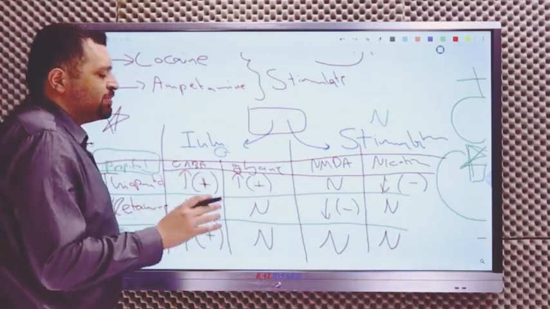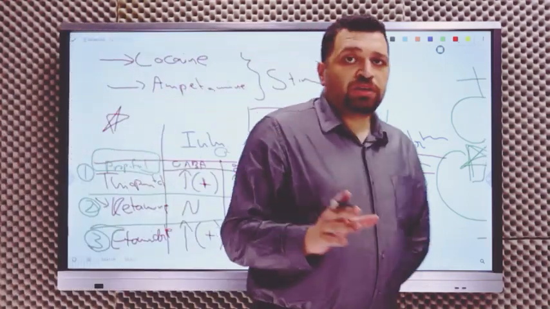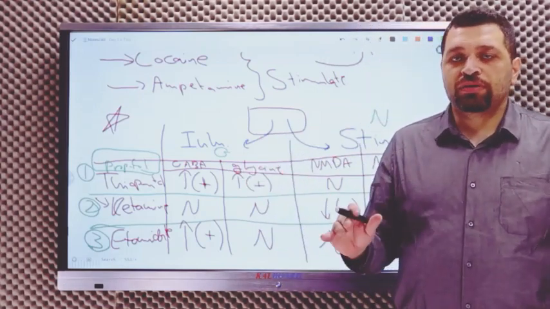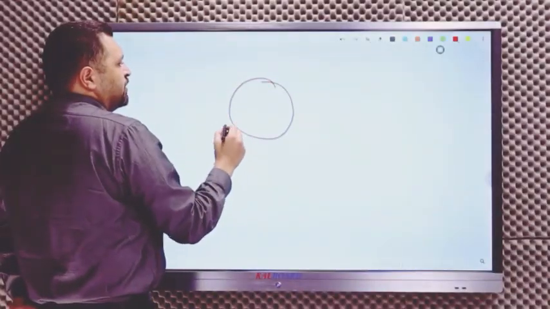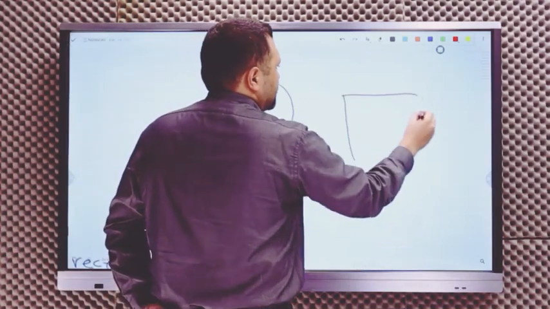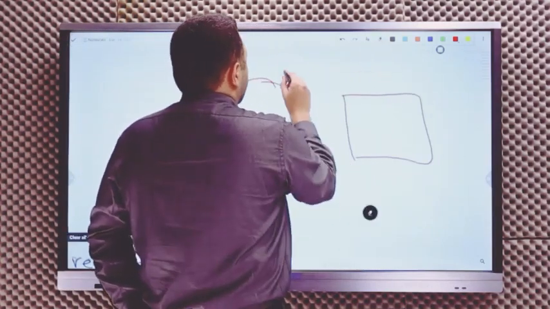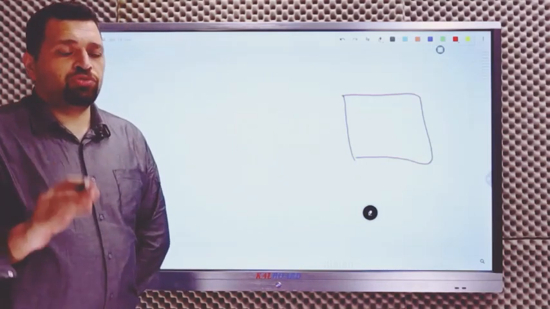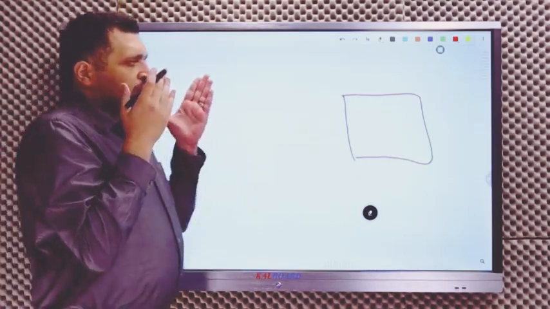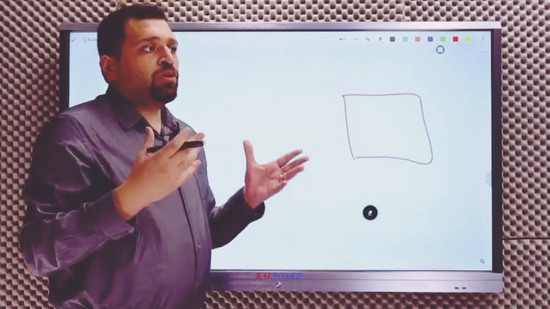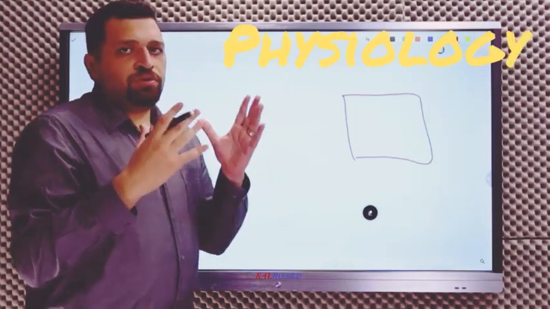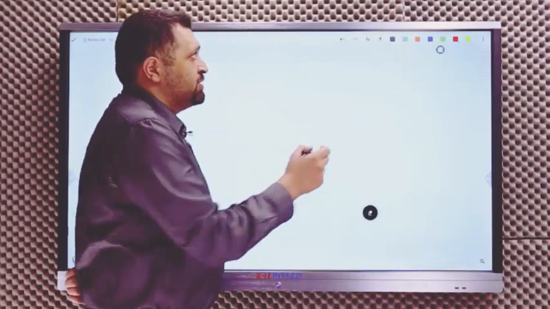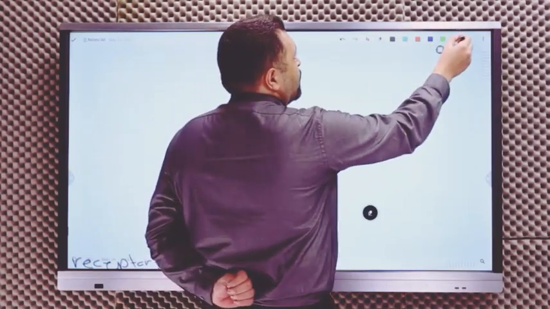Now all of these receptors are important, but I want to speak about the most important one of them, which is GABA. Each receptor in the body needs a substrate to bind to it. So in physiology, which is the normal behavior of our body, we have these receptors. They exist for a reason.